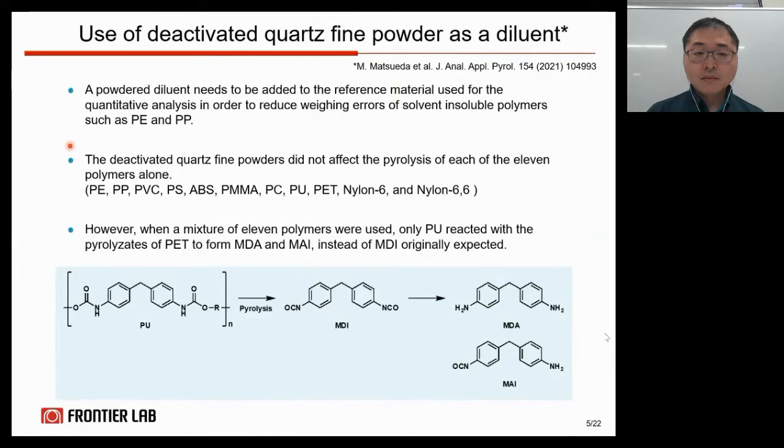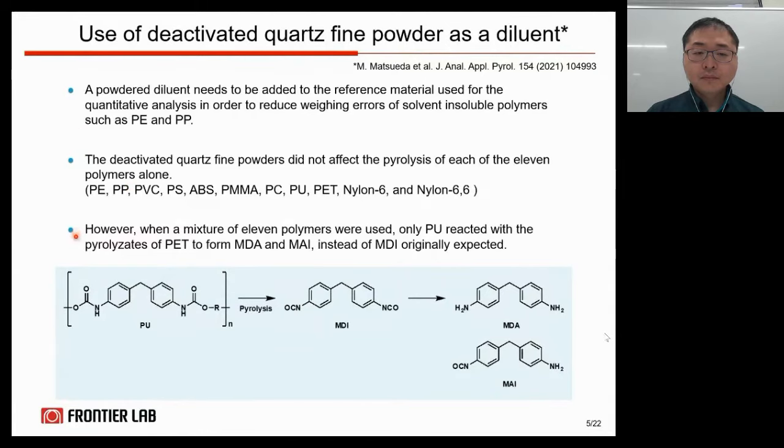We found that the deactivated quartz powder was suitable for uniform mixing of polyethylene and polypropylene as a diluent, and the quartz powder did not affect pyrolysis of the 11 polymers alone.